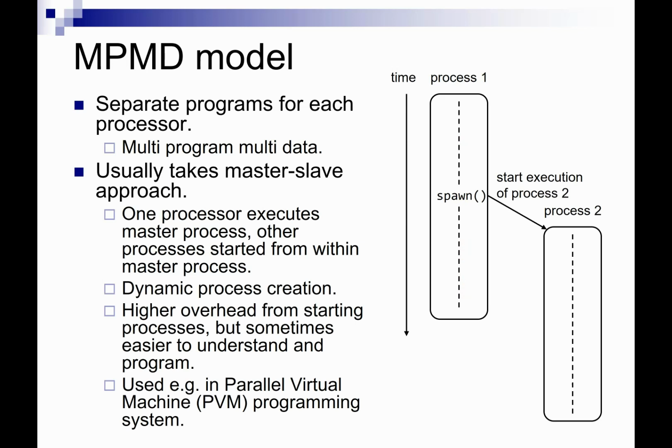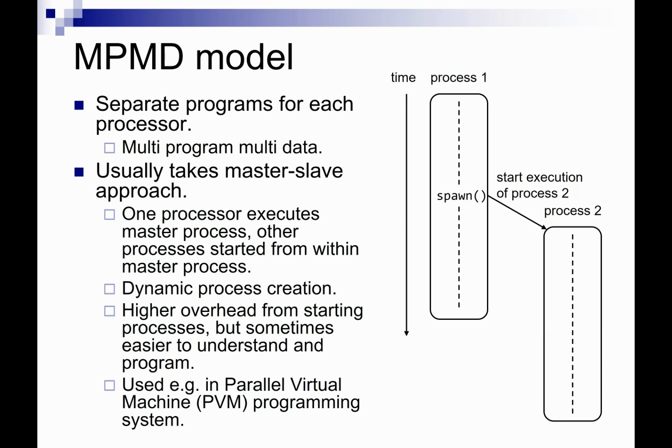The program that the slave processes run can be different from the master process's program. That's why it's called multi-program. So that's one difference from MPI or the SPMD model. The other difference is that with MPI, you start all of your processes at the beginning.